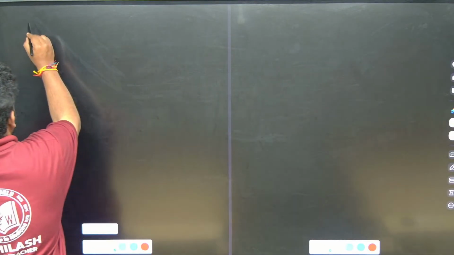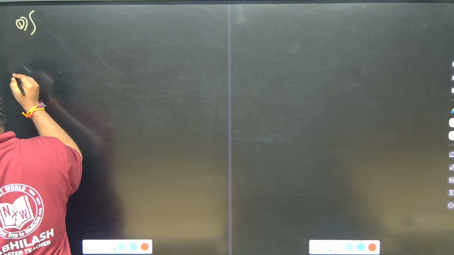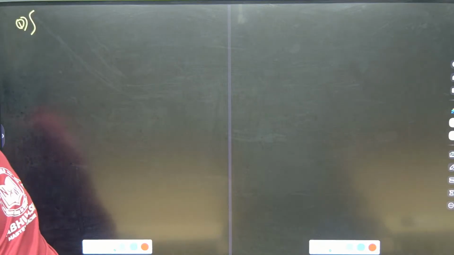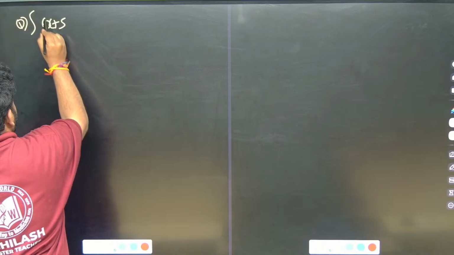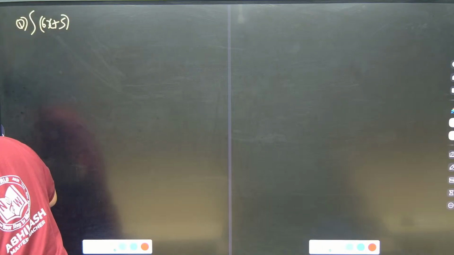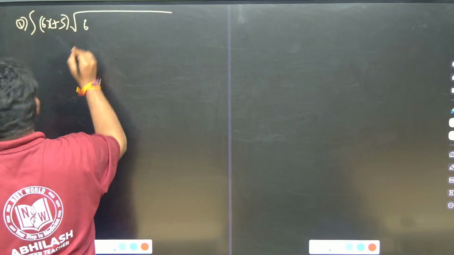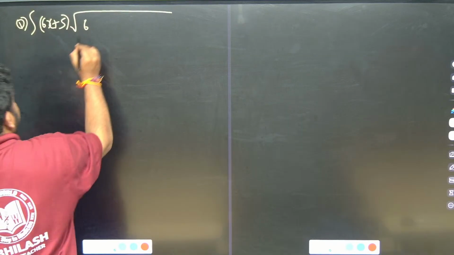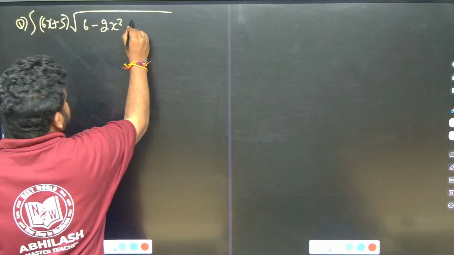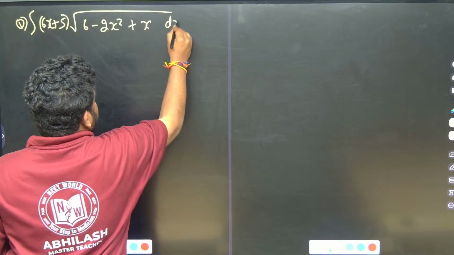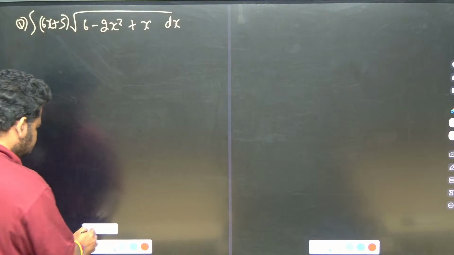What is the question? The question that is given is integral of 6x plus 5 into square root of 6 minus 2x square plus x dx. So this is the question, friends.